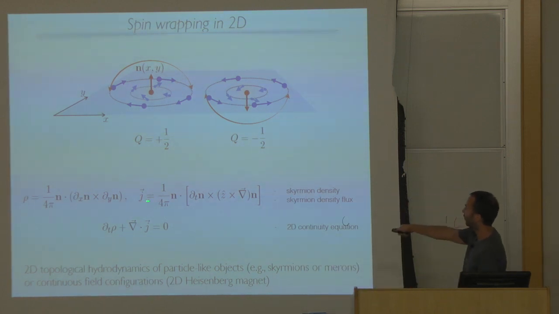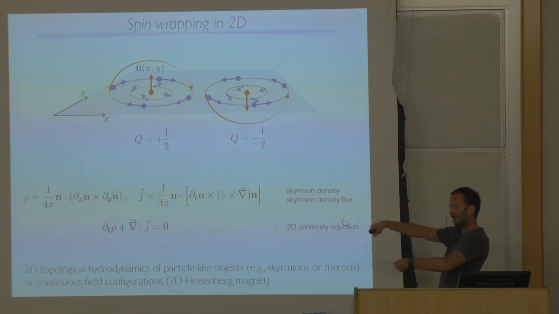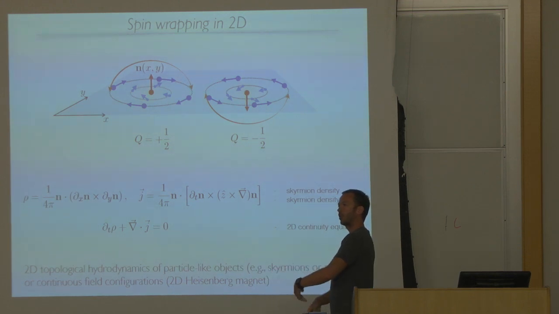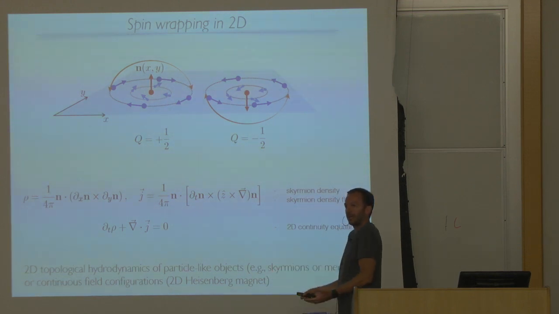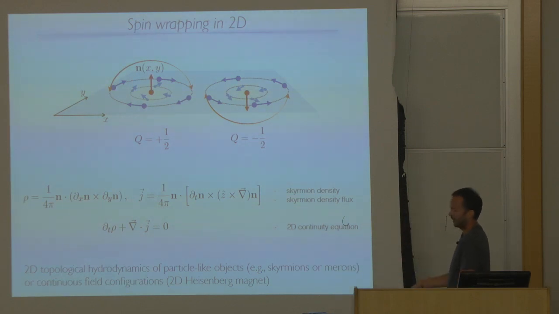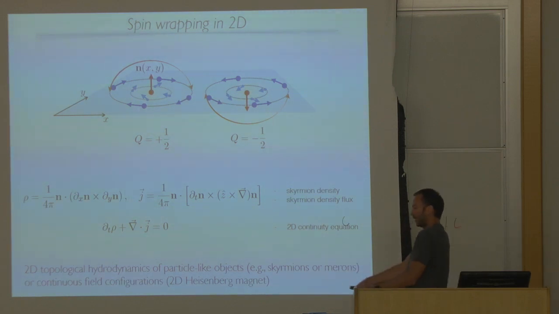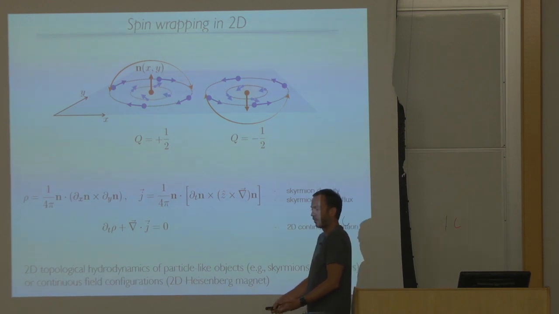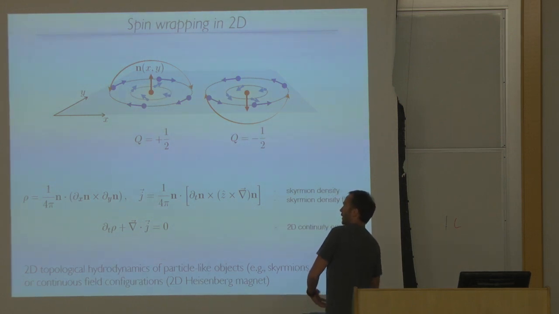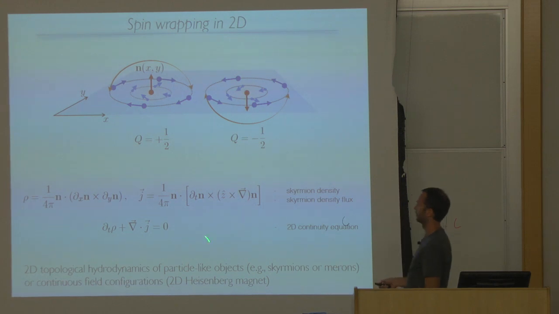And just like before, this flux requires dynamics. So if at the boundaries I freeze the magnetic texture, no skyrmion density would come in and out. And that is exactly the rephrasing of the fact that the integrated skyrmion density in the interior, subject to the fixed boundary conditions, would be conserved. But more generally, I could allow the boundaries to have some dynamics, which would correspond to the skyrmion density flowing continuously in and out of my system. Okay.